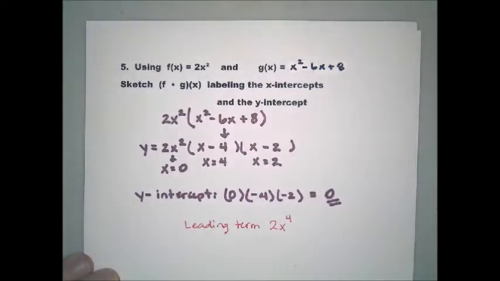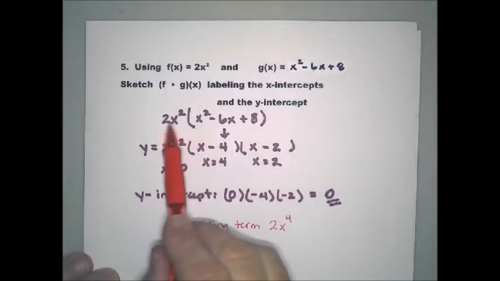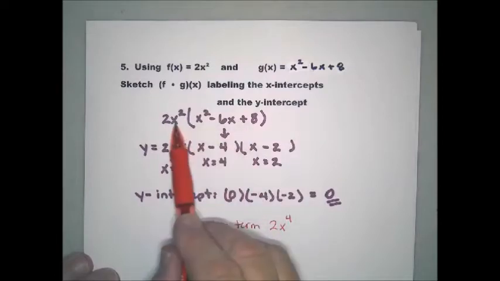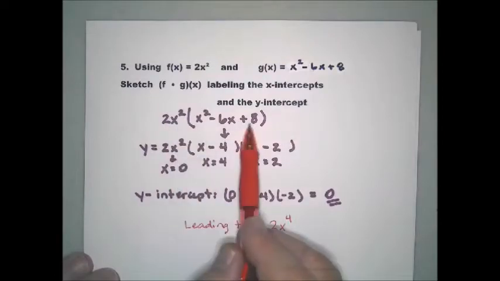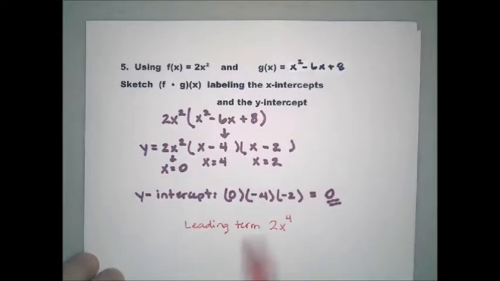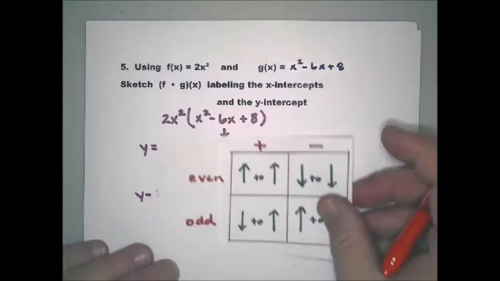We don't care what any of the other ones are, because remember, we said all along, I'm not going to expand this. I'm not going to distribute. I don't need to. So the leading term would be 2x to the 4th power, which is even power, and positive leading coefficient. So one more time, go back to the card.